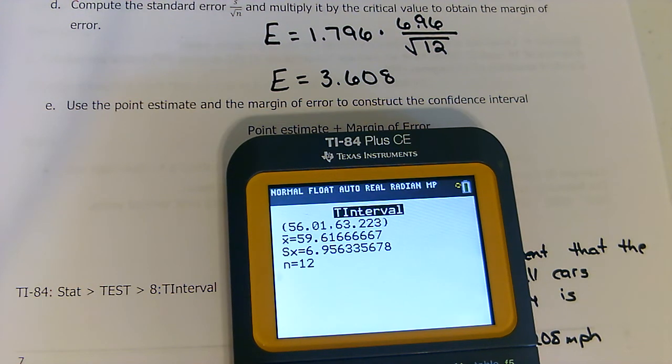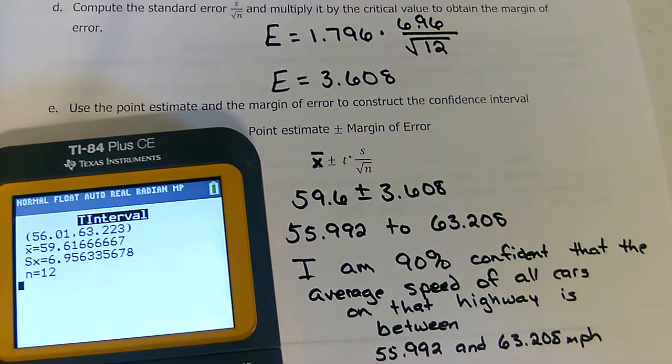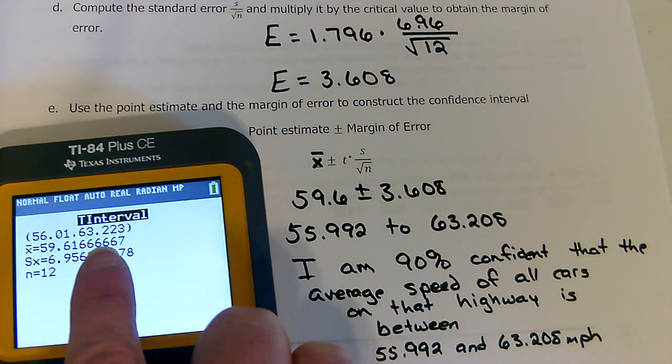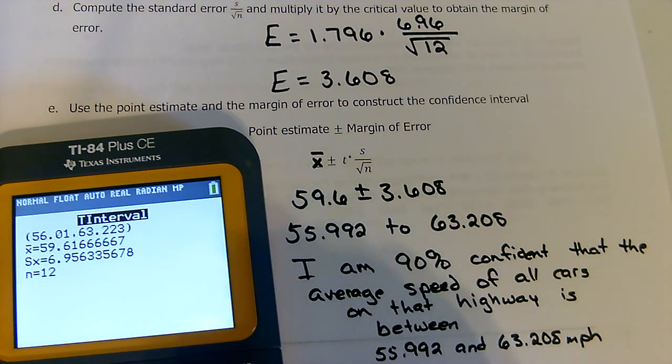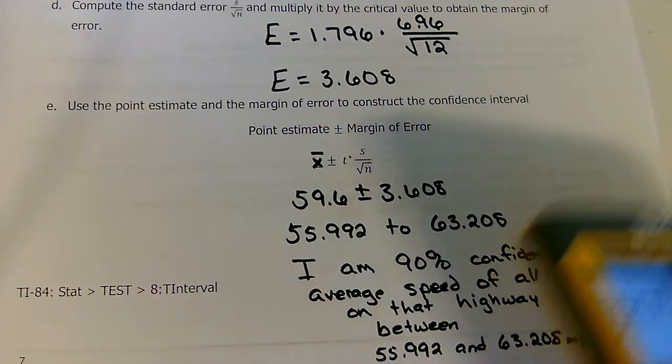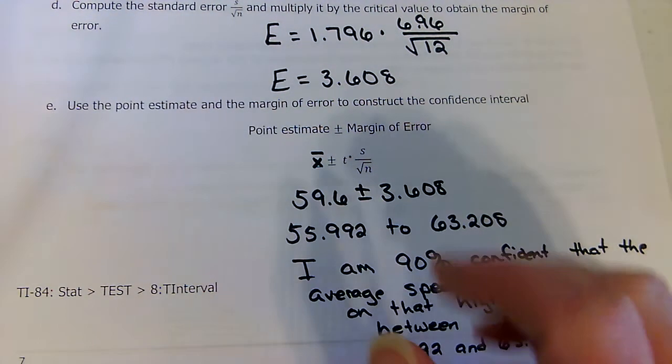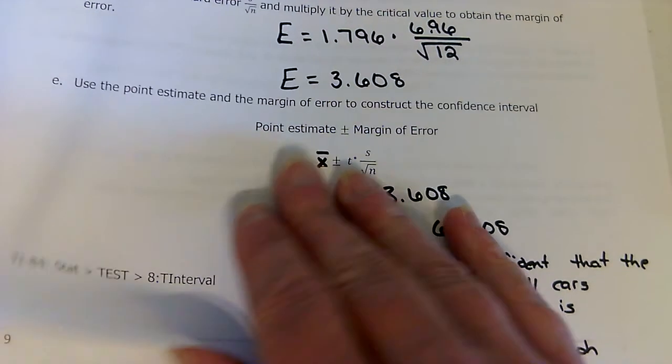Calculate. It says it's between, it rounded a little bit, 56.01 and 63.223. It's probably more accurate than what I did because I rounded a little bit here and there.